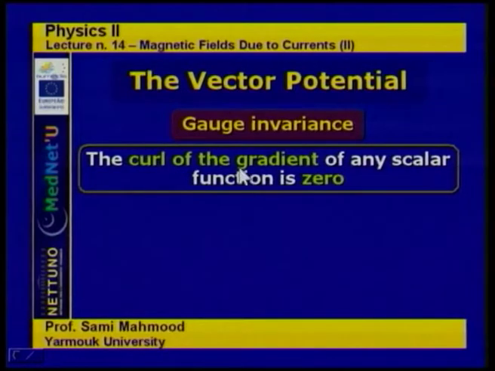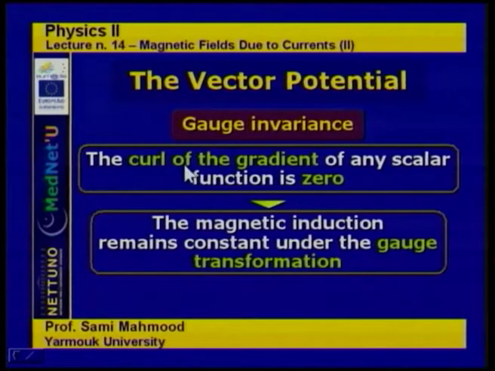If we recall that the curl of the gradient of any scalar function is 0, then we arrive at the conclusion that the magnetic induction remains constant under the following gauge transformation: if we replace the vector potential A by A prime, where A prime is simply equal to the vector potential A plus the gradient of a scalar function, gradient f. This transformation leaves the magnetic induction unchanged.